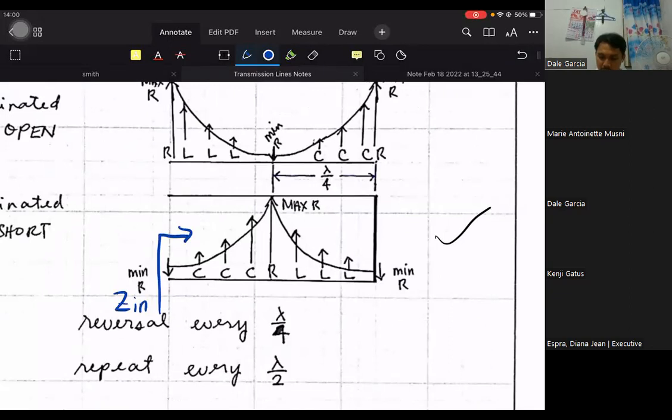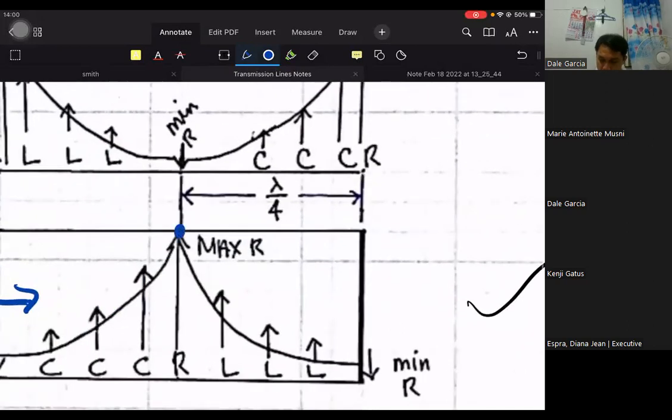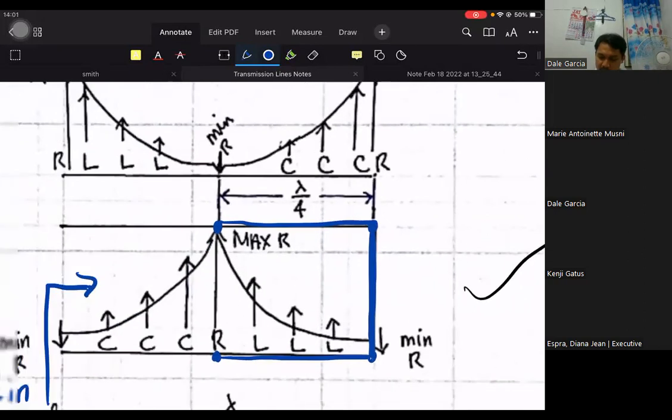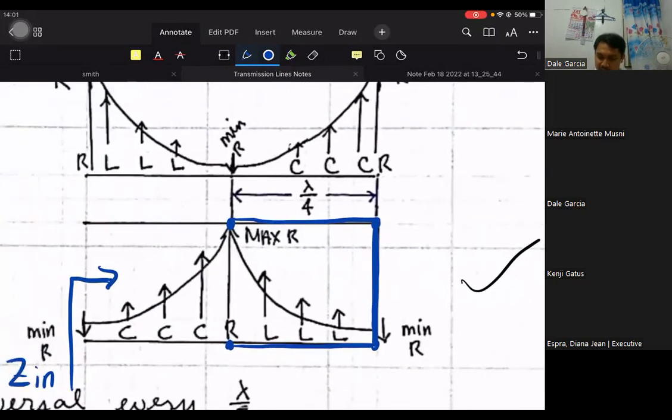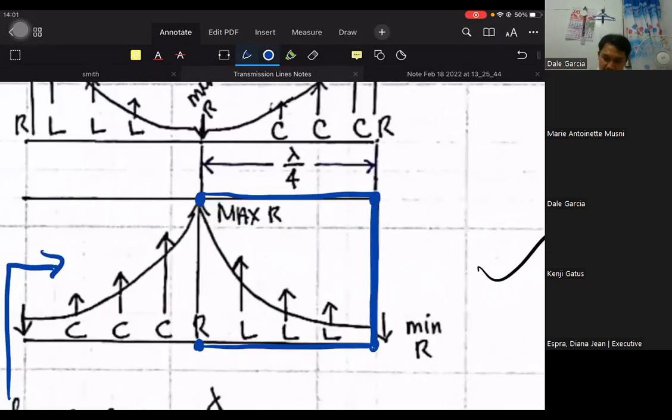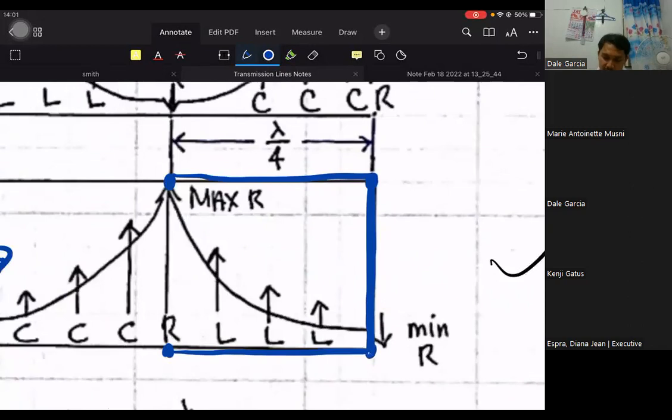The 1/4 length is from here to the shorted part. Notice that the input impedance, if our line is just this long, is maximum resistivity.